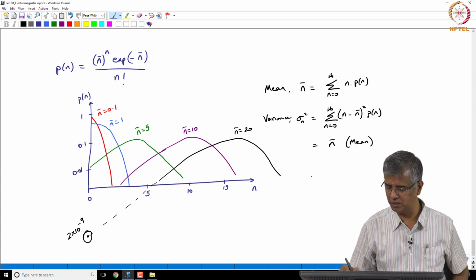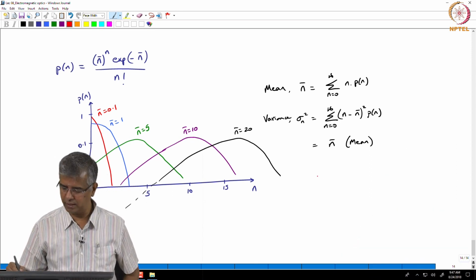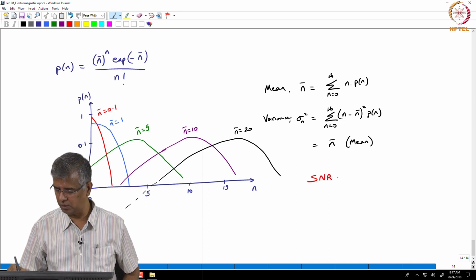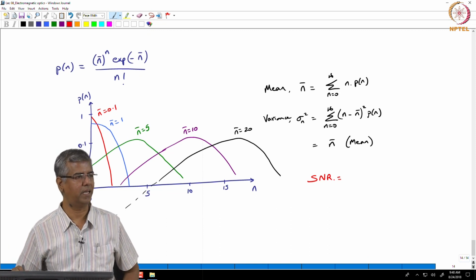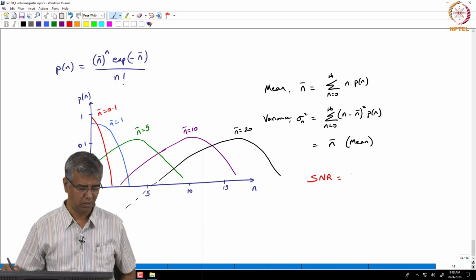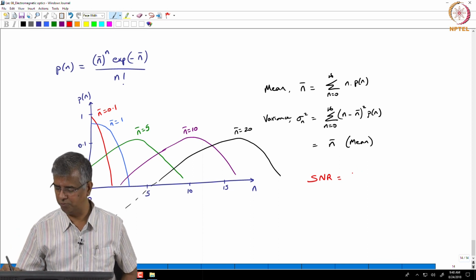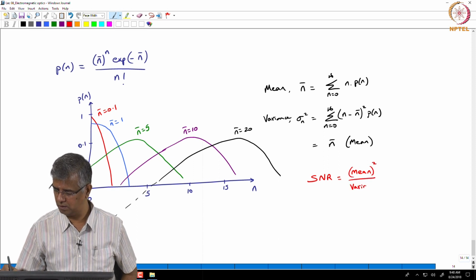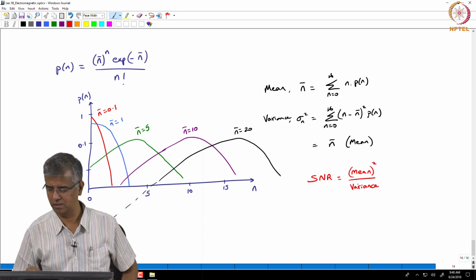aspect of Poisson distributions, and the consequence of that is, when you are looking at the signal to noise ratio, most of the communication applications, most of the practical applications of light, we are interested in the signal to noise ratio. So, the signal to noise ratio calculated in terms of photons, it corresponds to the square of the mean over the variance, which is the noise, right.